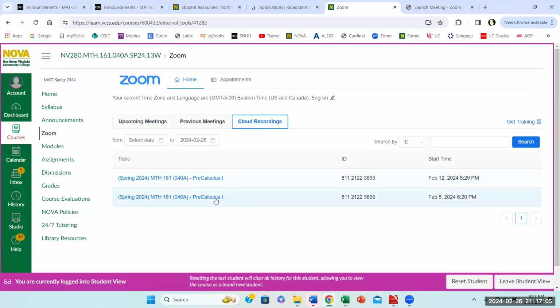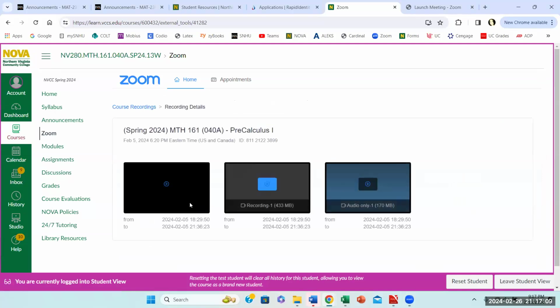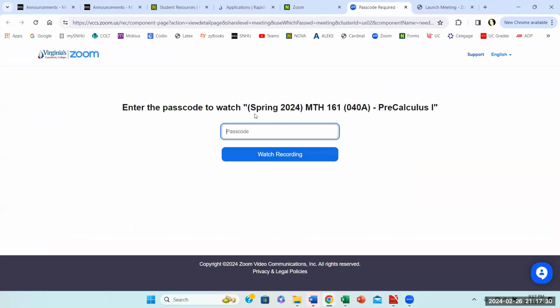Thank you. So I will show one more thing. So when you click on this, it gives you this, right? This is if you want audio only. This is if you want the whole recording. So I think it does audio and both, right? So if you click on this to play, you see how it has like a password pop up there?